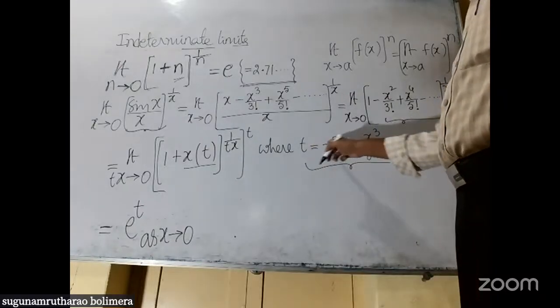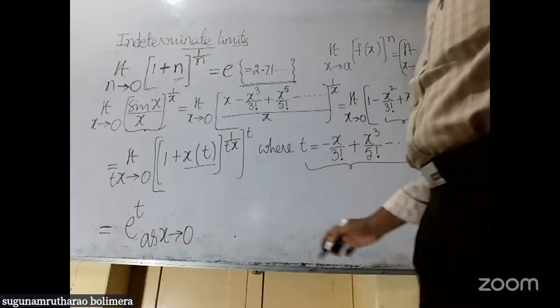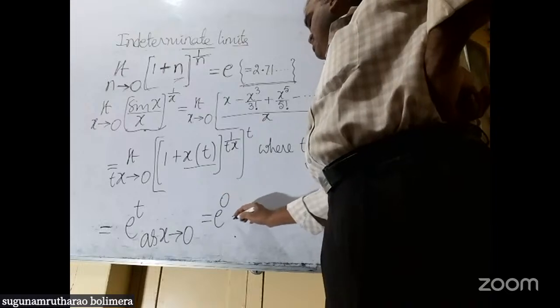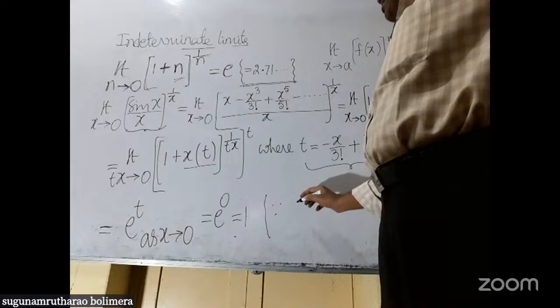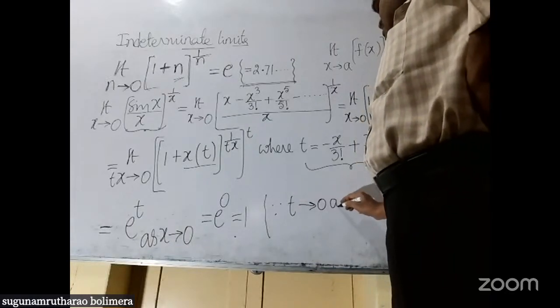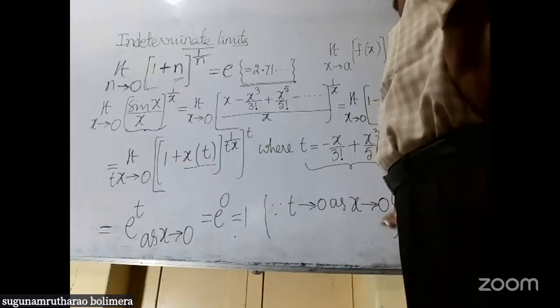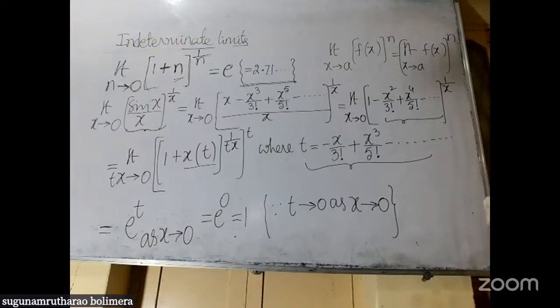Already you know what is t. When x tends to 0, t also tends to 0. e power 0 equals 1, since t tends to 0 as x tends to 0. So the answer is 1.